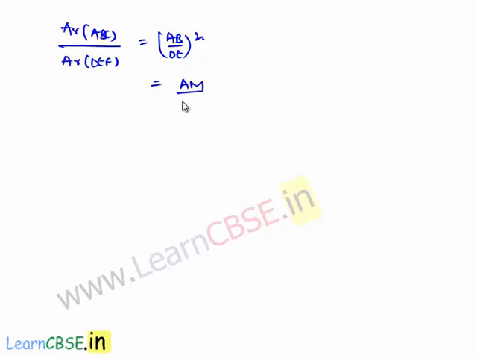Then we get area of ABC divided by area of DEF is equal to AB by DE whole square, which is equal to AM by DN whole square, which is equal to AM square by DN square. Here we got the ratio of areas of two similar triangles as square of ratio of its medians. So that's what the proof required.